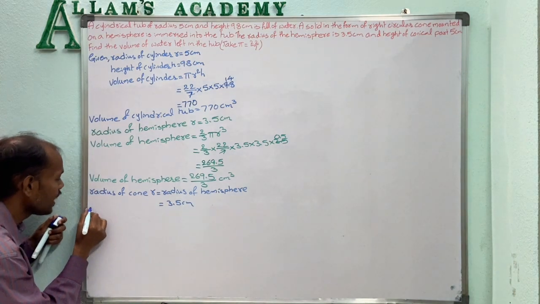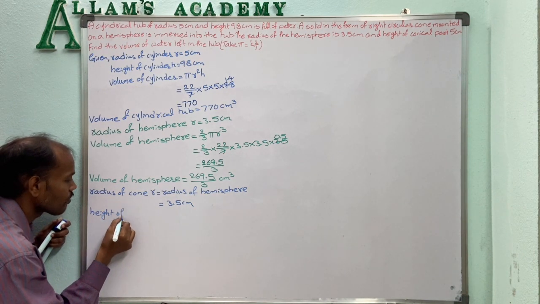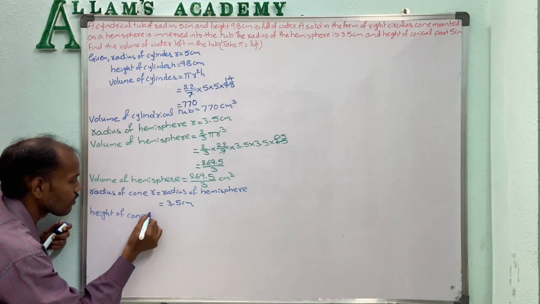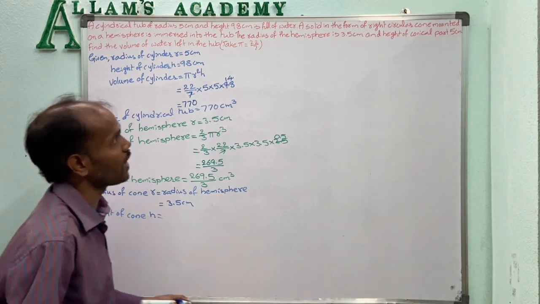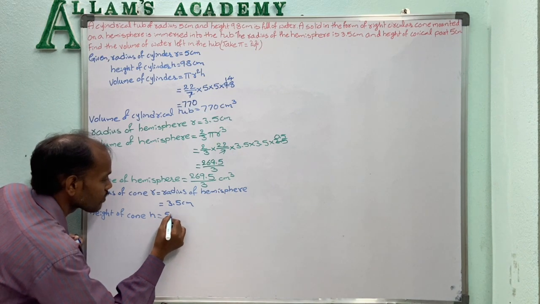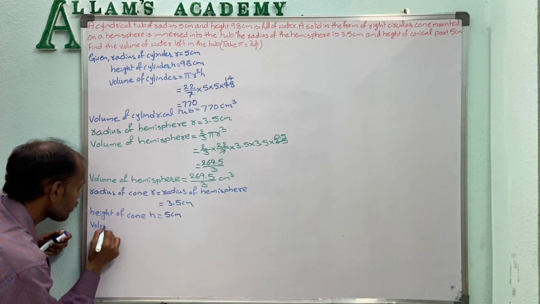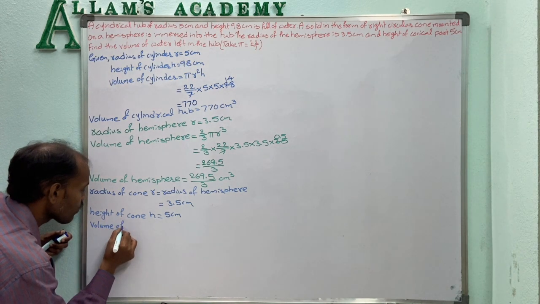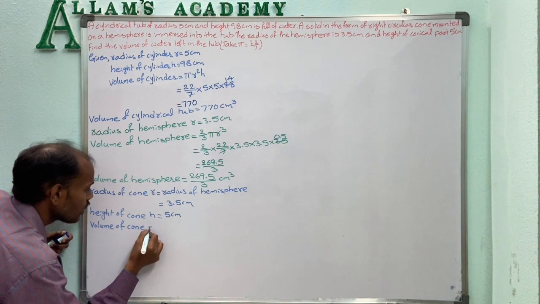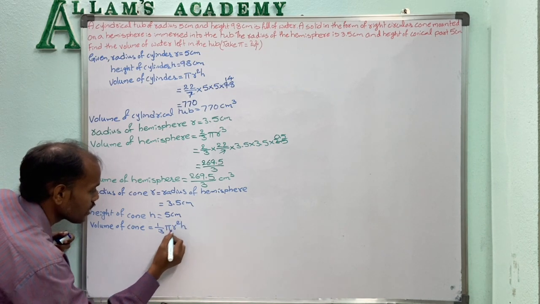Next, height of cone h equal to given 5 centimeters. Volume of cone equal to 1 by 3 pi r squared h.